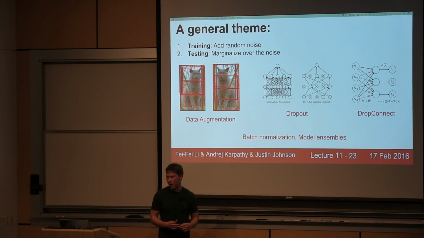For dropout and drop connect, you can evaluate and marginalize this out more analytically. And for batch normalization, we keep these running means. I think that's a nice way to unify a lot of these ideas for regularization: you add noise at the forward pass and then marginalize over it at test time. So keep that in mind if you're trying to come up with other creative ways to regularize your networks.